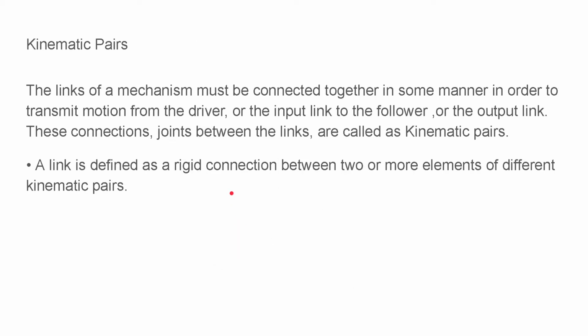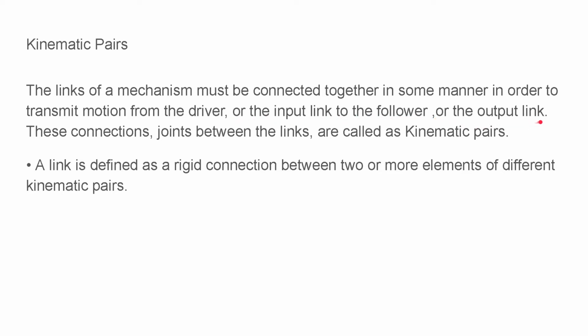So now the kinematic pair. The links of a mechanism must be connected together in some manner in order to transmit motion from the driver or input link to the follower or output link.